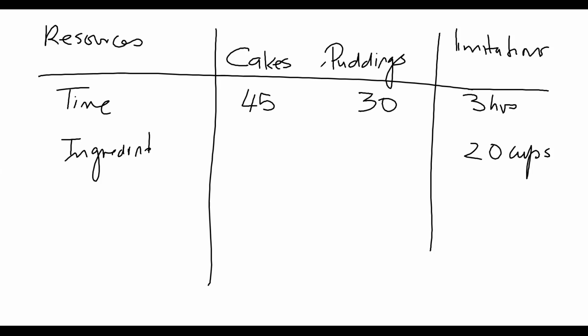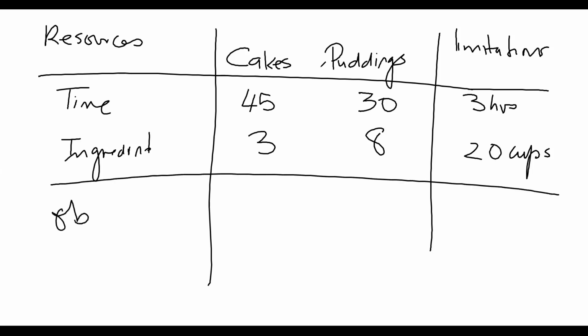How many cups of flour does she need to make a cake? 3 cups of flour, and 8 cups for a pudding. Good. So yes, a pudding requires 8 cups. Right. So we have allotted, according to the problem, all the ingredients.